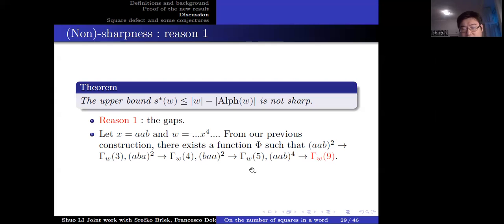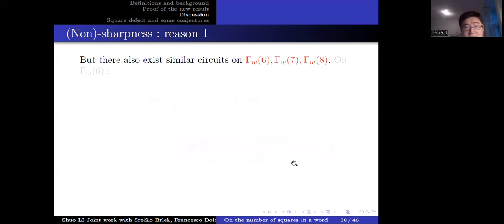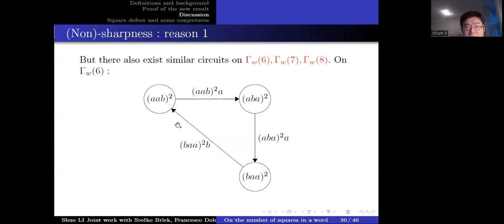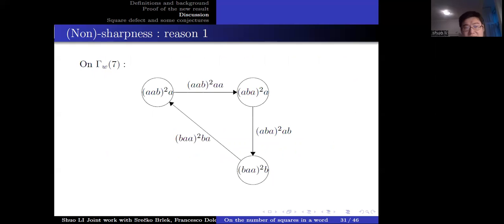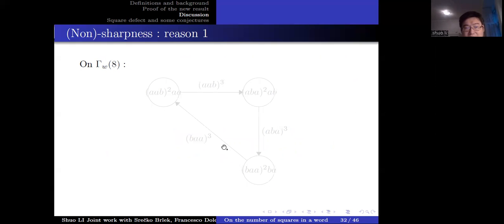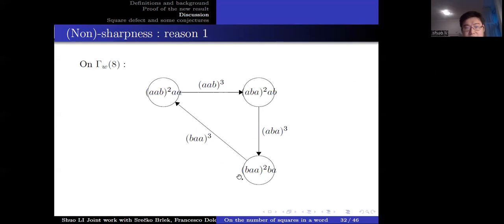Well, for the AAB to the power 4, we associated it to a small secret on gamma 9. However, there are similar secrets on gamma 6, 7, and 8 as well. Because on gamma 6, we can easily check that there exists a small secret like this, and on gamma 7, there exists a small secret like this, and on gamma 8, there exists a small secret like this.